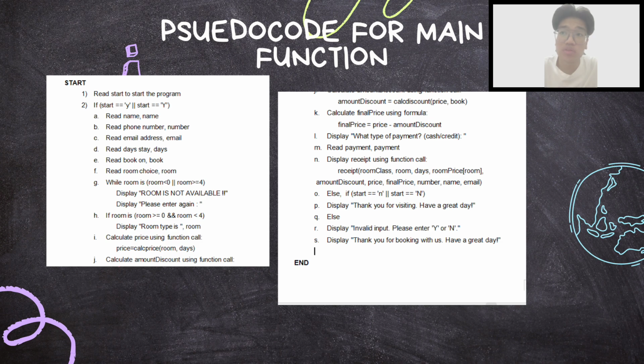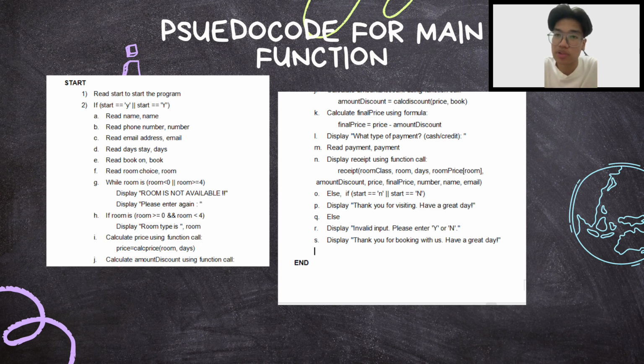For the pseudocode formula function, first we start, and then we restart to start the program. Second, if start equals y, which is yes, then we will rename. After that, we read the customer phone number, read email address, read duration, which is the days, read book, and then we read room choice.